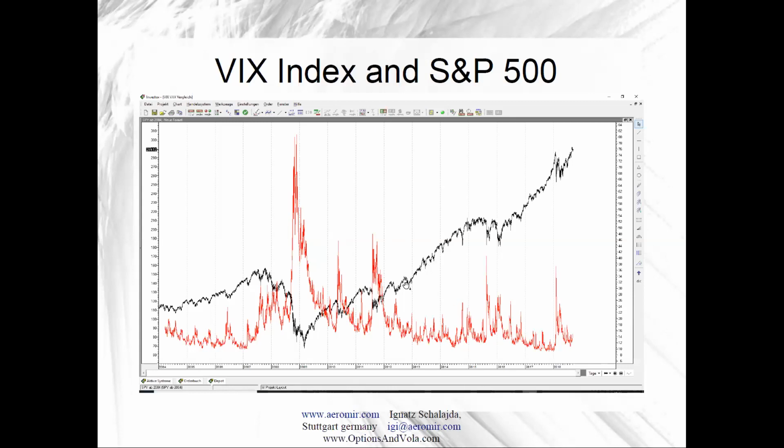And when the S&P is going to the upside, then there will be a reverse to the mean, as you can see here. You have to look at the right scale, between, let's say, 10 and 20. In this range, most of the time, the VIX is placed.